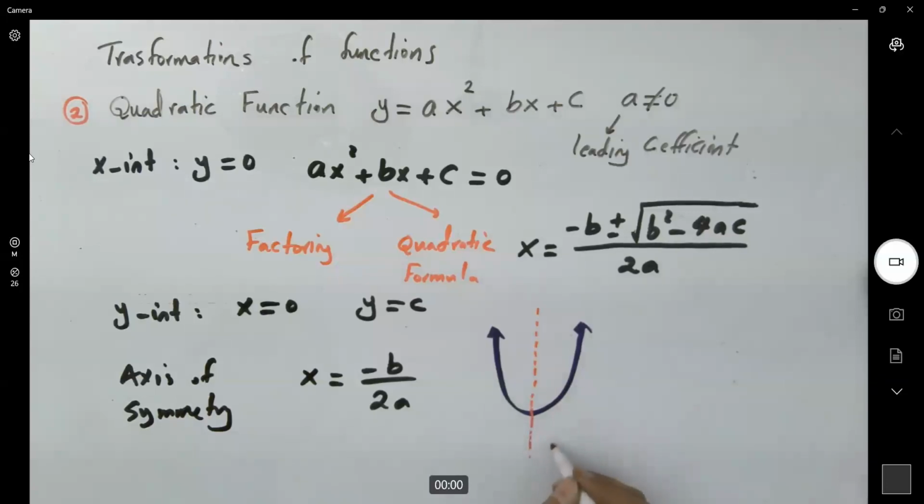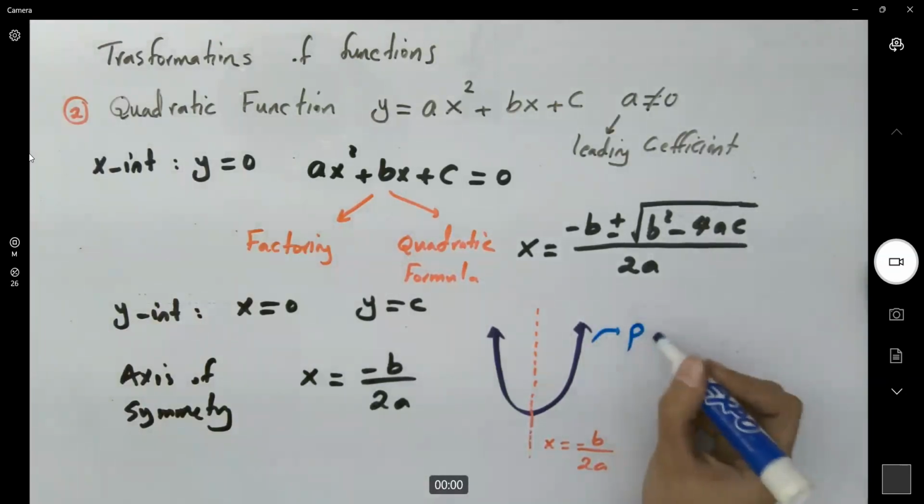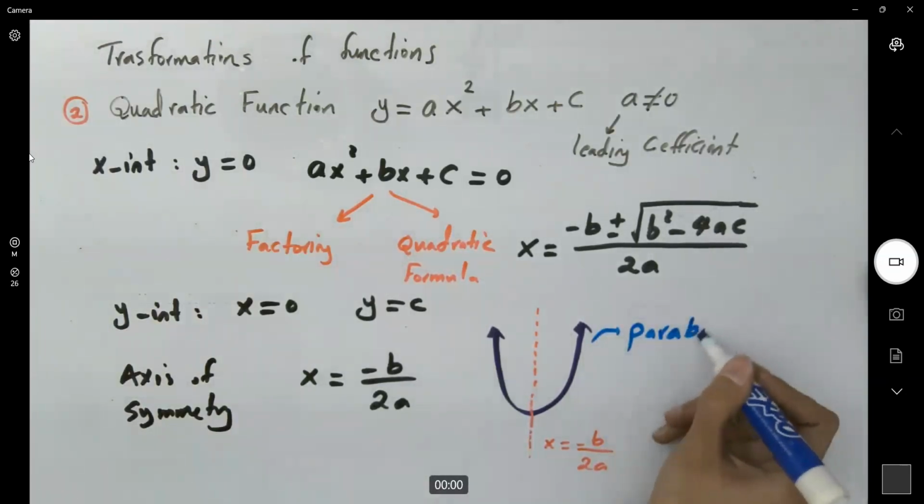So these are the general things that we learned about a quadratic function. And remember, the graph is called a parabola.